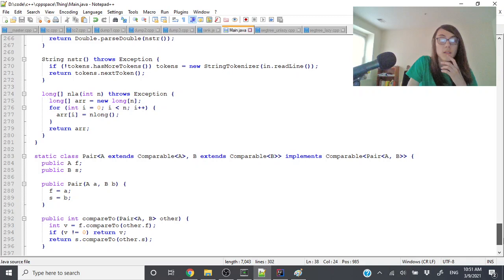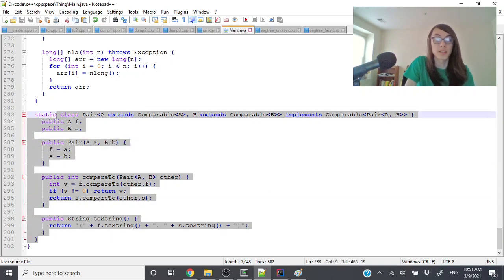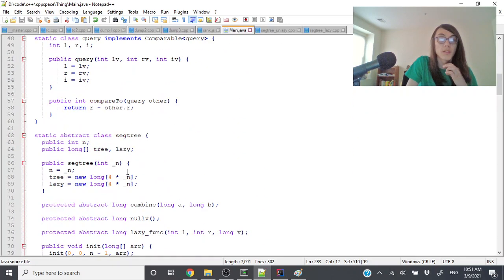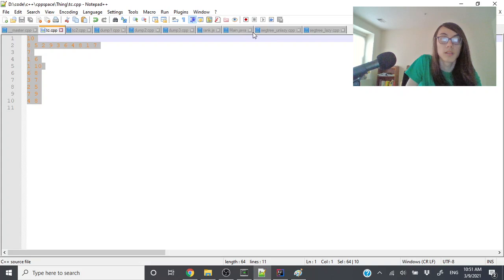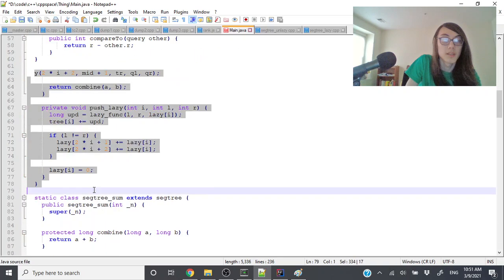How to do this? So it was pairs. Actually, I don't need this. Let's just write a separate thing. Don't need segment tree anymore. Get rid of this. Oh god. I don't know what that was.